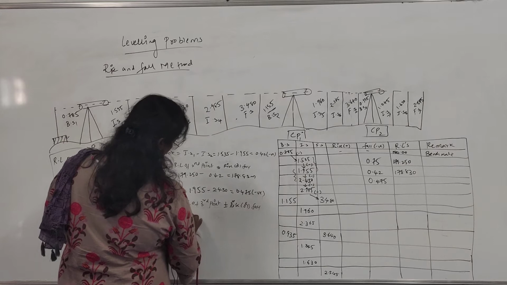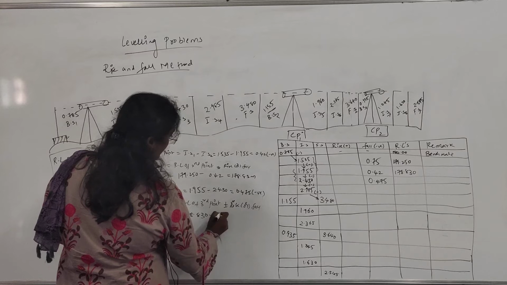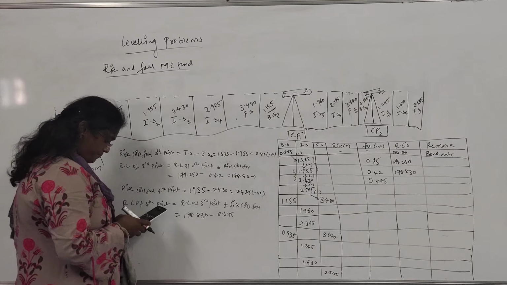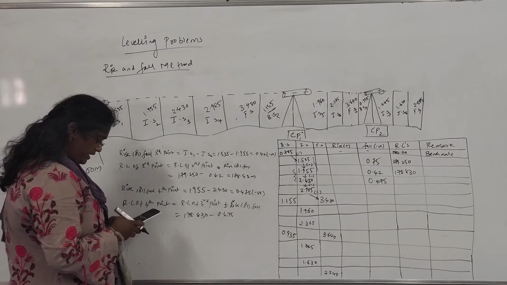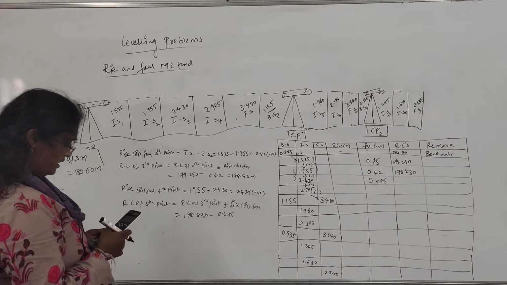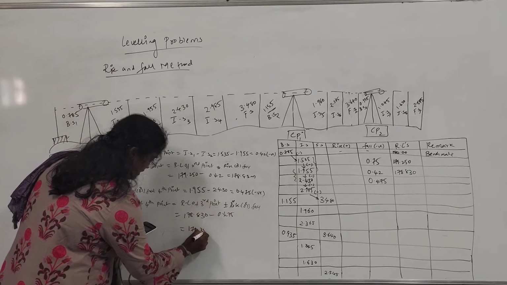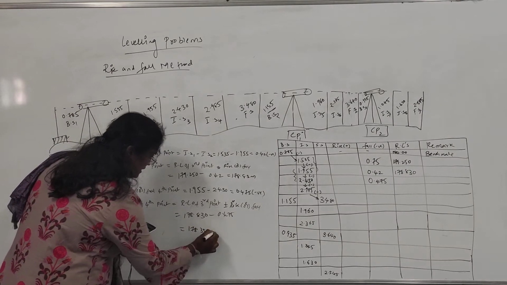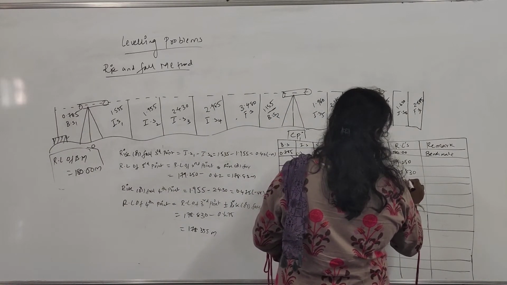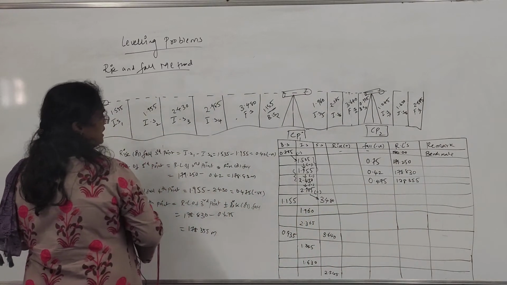Here how much? 178.830 minus 0.475, right? 178.830 minus 0.475. What is the value here? 178.355 meters. 178.355 meters. So right, like this we need to solve the problem.